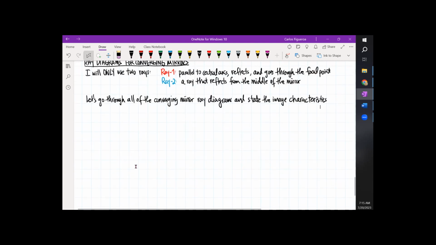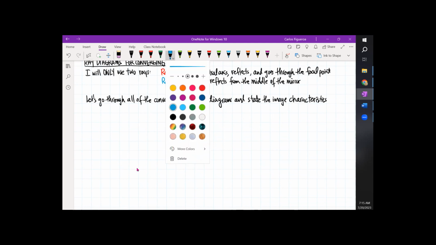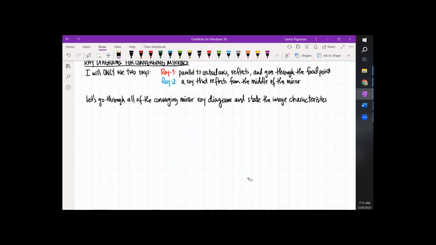So what I'm going to do here is copy the same ray diagram for each situation. So here I go. The first thing I'm going to do is create a mirror. I'm going to take a shape. And let's say I'm going to go 1, 2.